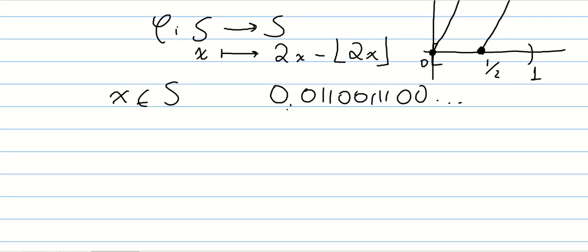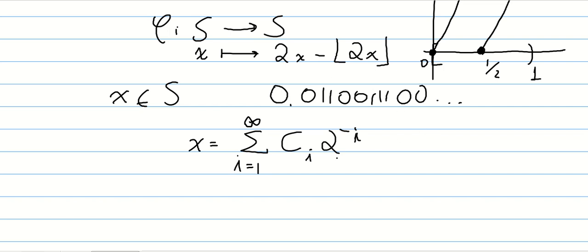One possible way to write this down is to say x is the sum for i from 1 to infinity of c_i 2 to the minus i. This decomposition reflects exactly what's above, but there is one caveat.